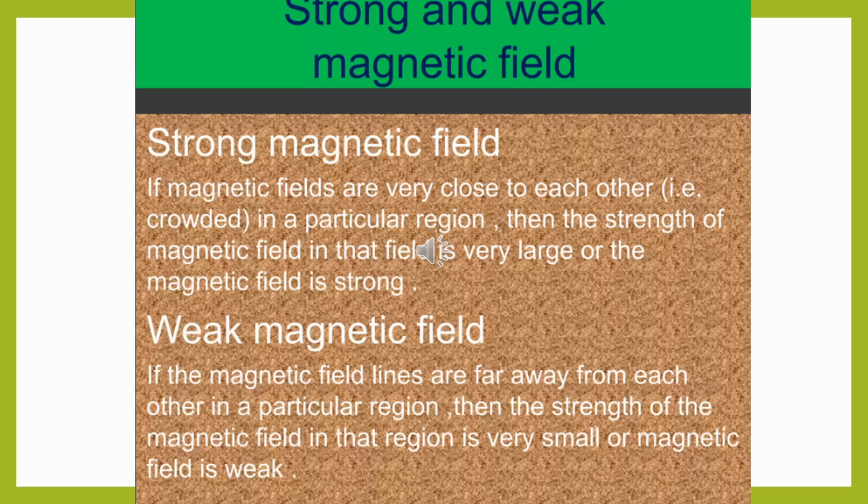If the magnetic field lines are very close to each other and crowded in a region, then the strength of the magnetic field is very large and it is strong. However, if you notice the magnetic field lines are far from each other in a certain region, then the strength of the magnetic field is small, or we call it a weak magnetic field.